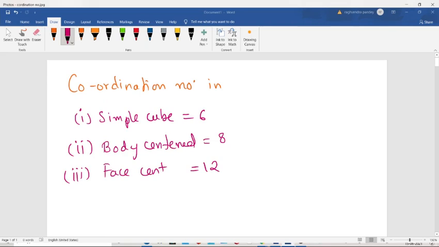Okay, 8 are surrounding. Now face centered is slightly complex because there are layers which are arranged. So this is your one unit cell, that is one layer, second layer, third layer, then one layer again. This is called the ABC layer, that we will see.